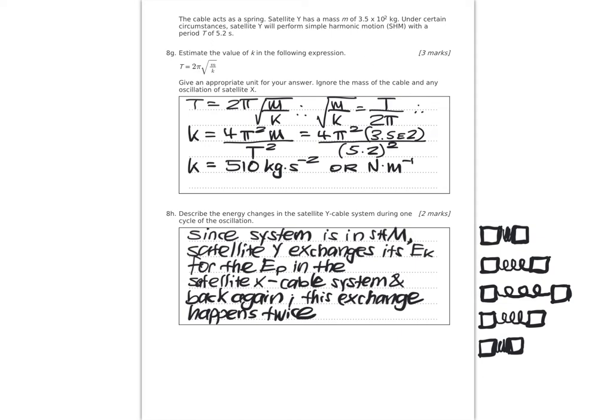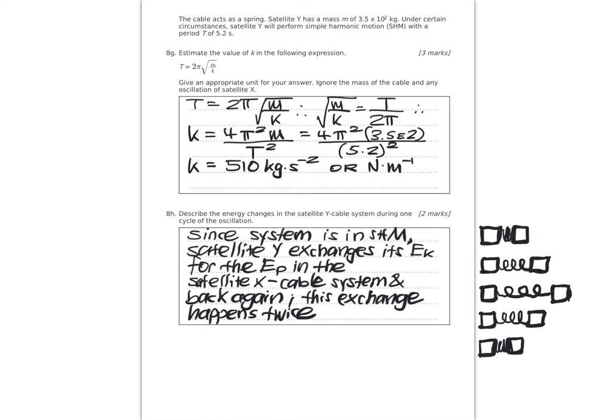Okay, so 8H: describe energy changes in the satellite Y / cable system during one cycle of the oscillation. We have the cable, which acts as a spring, so I sketched it on the right as a spring. We have 2 masses relative to each other, and they probably oscillate back and forth around one center of mass, but it makes sense just to use the viewpoint of one satellite being stationary and the other one in motion.